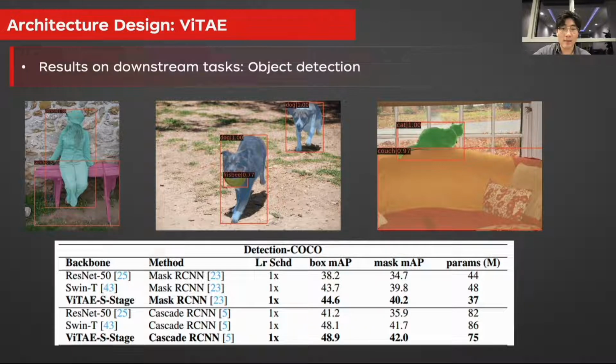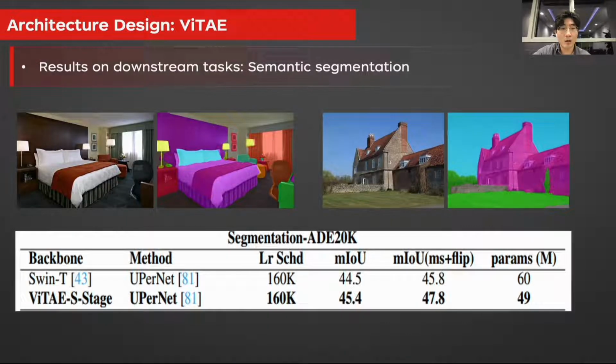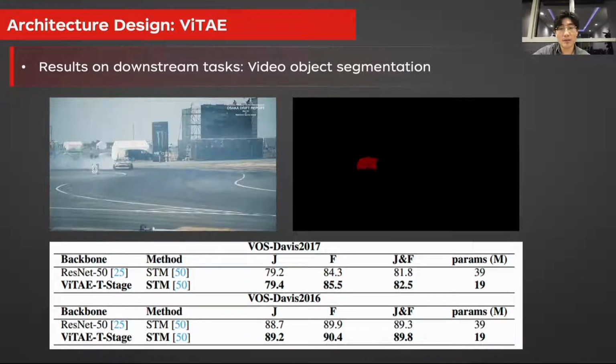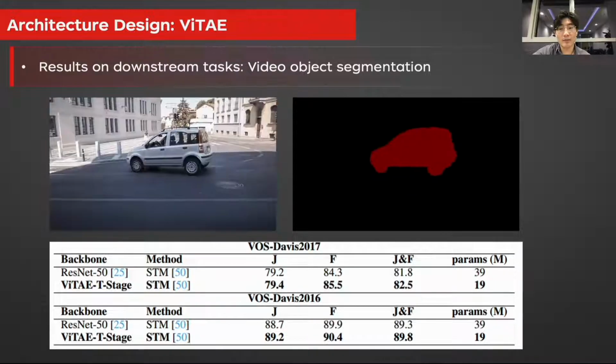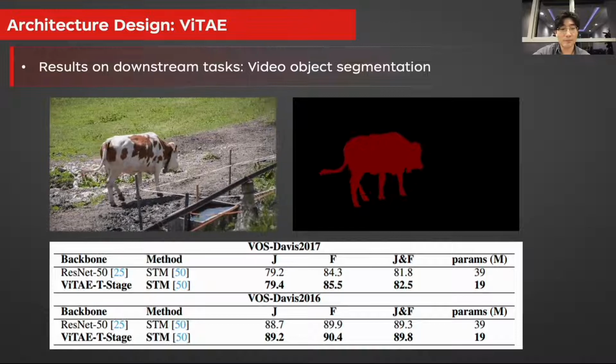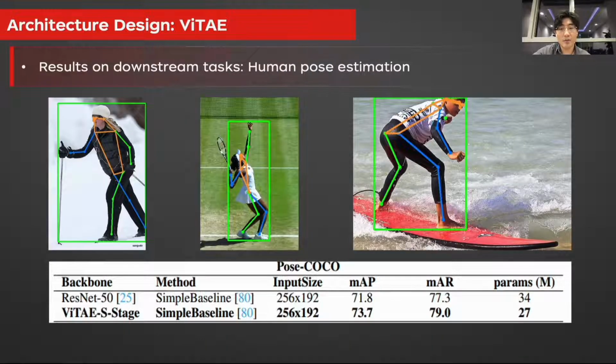Here are the visualization and performance comparison on downstream tasks, including object detection on MS COCO, semantic segmentation on ADE20K, video object segmentation on DAVIS 2016 and 2017, and human pose estimation on COCO.